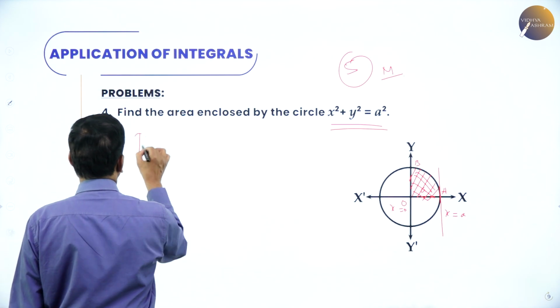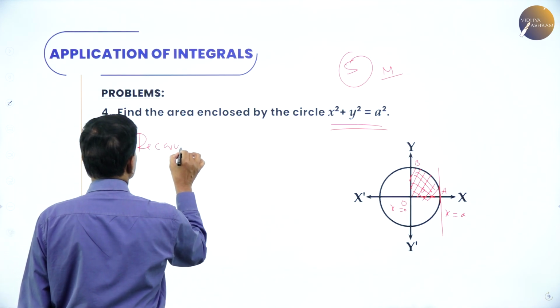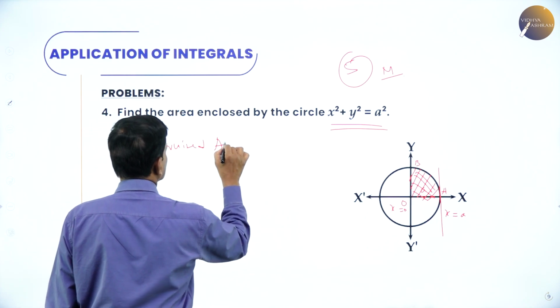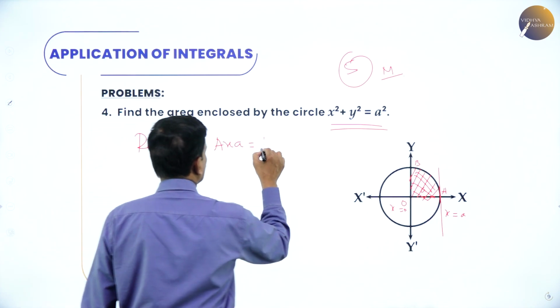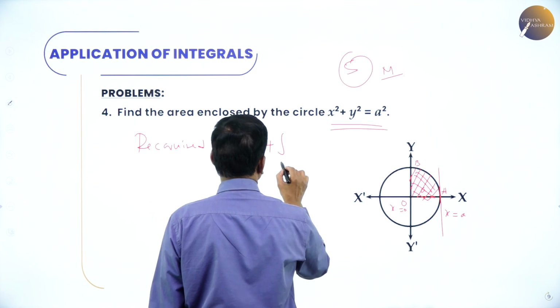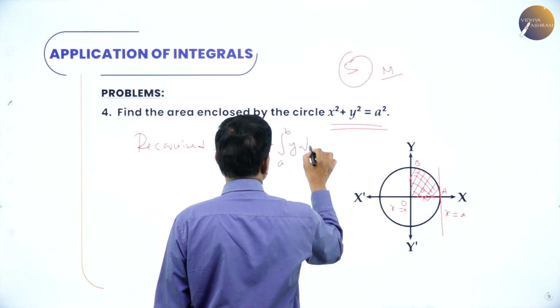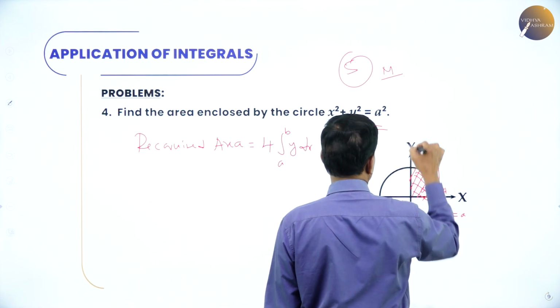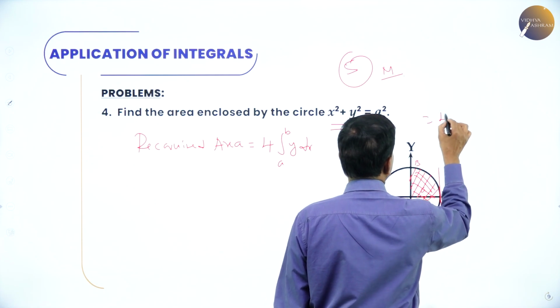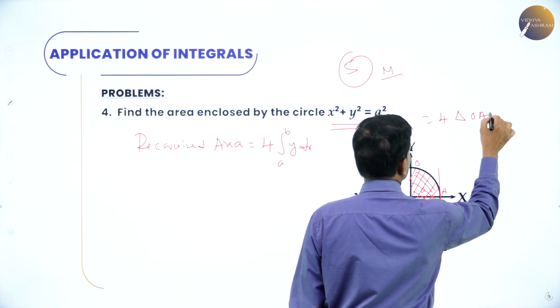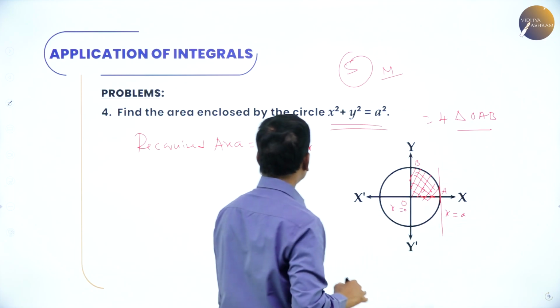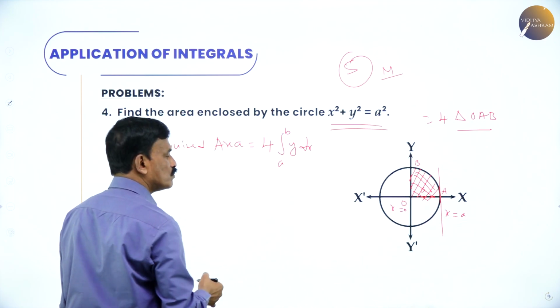So the required area, the area of the circle, is equal to 4 times the area of OAB, which is 4 times the integral a to b of y dx.